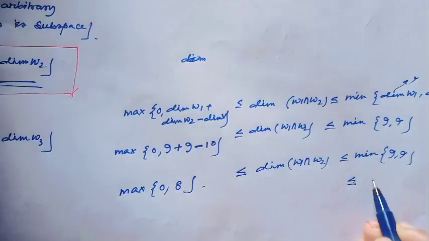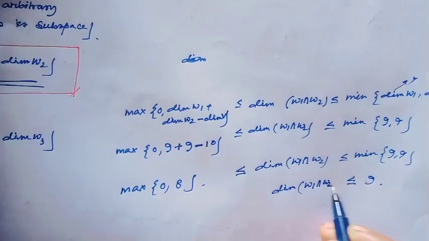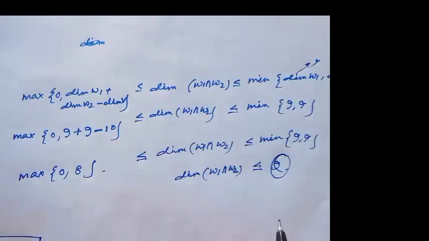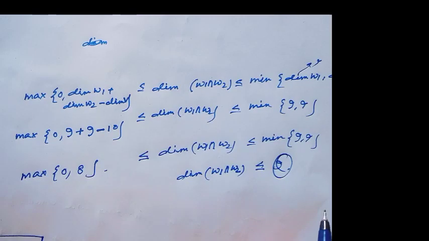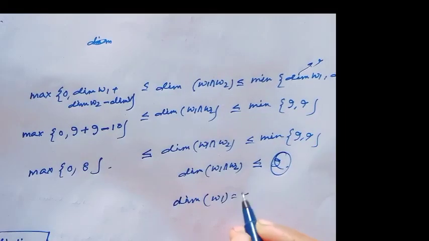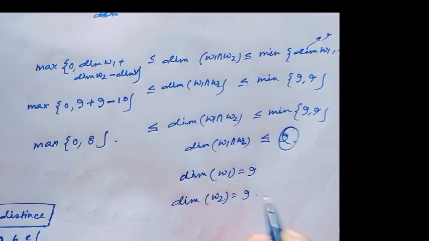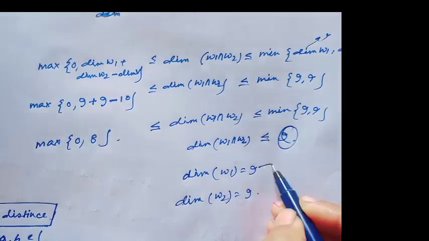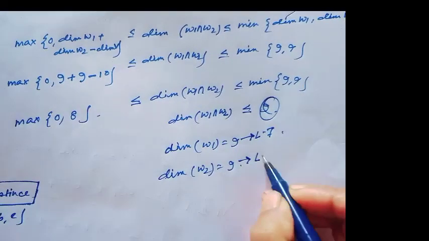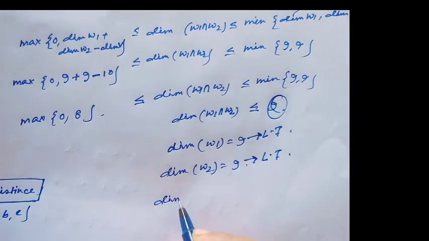So if we consider dimension of W1 intersection W2 equal to 9, this is not possible because W1 and W2 are distinct subspaces of R10, and the given dimension of W1 is 9 and dimension of W2 is 9. That means obviously W1 contains 9 linearly independent vectors and W2 contains 9 linearly independent vectors.